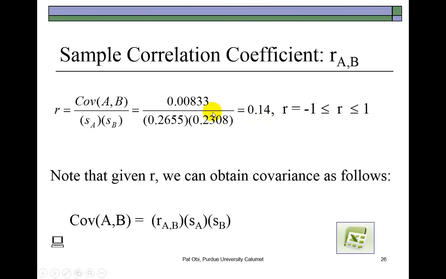And as you can see here, correlation coefficient is simply the ratio of the covariance and the product of the standard deviations of the two securities. And that's what I've done here, which tells you that given the correlation coefficient and the standard deviation of the two securities, by multiplying through, you can also backtrack and get the covariance.